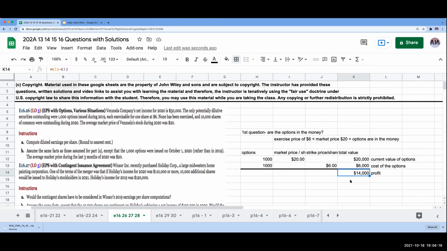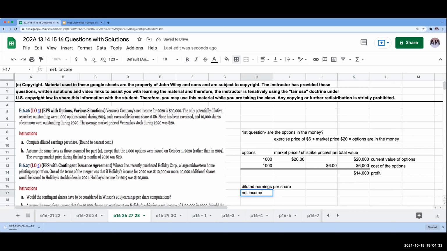Okay. So when it comes to computing diluted EPS, I'm being asked to do diluted earnings per share. So what is diluted earnings per share?